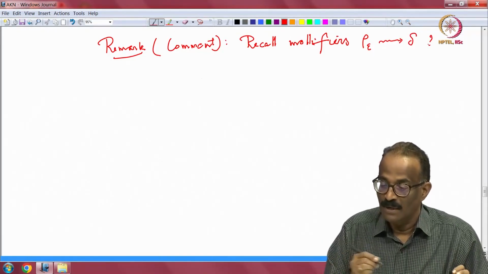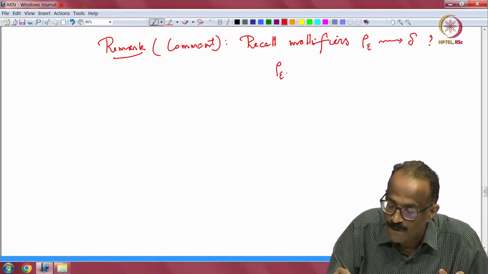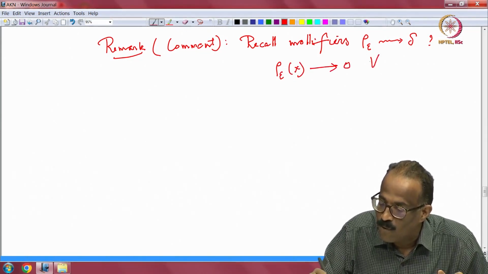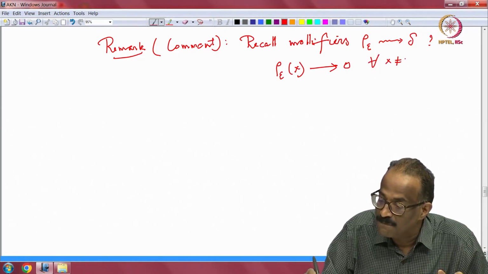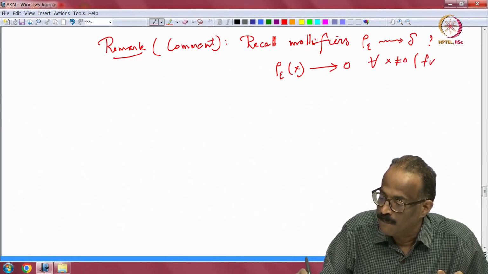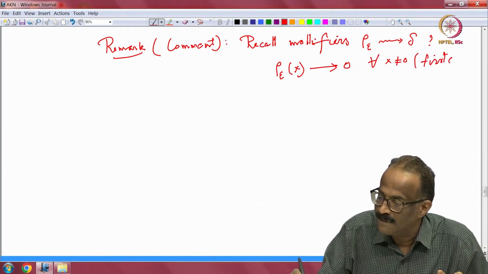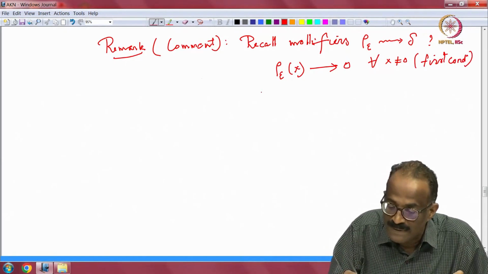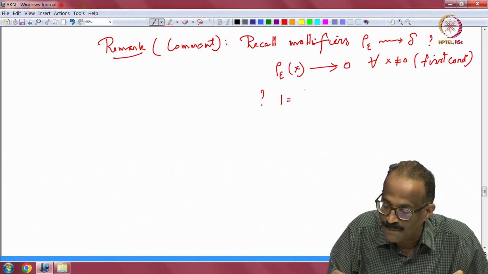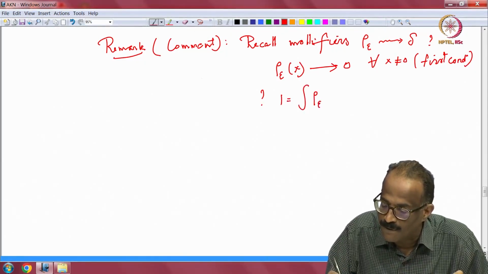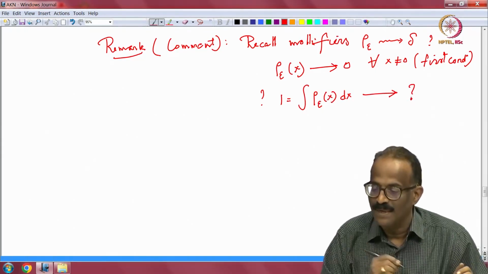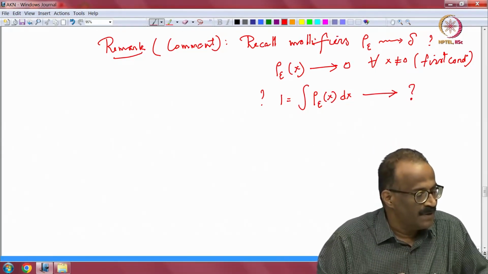What you have seen is that rho epsilon of x goes to 0 for all x not equal to 0. This is the first condition. But then you also want the second condition, 1 equal to the integral of rho epsilon of x dx. Where does this go? That is what you want to understand, and that is where we have failed.